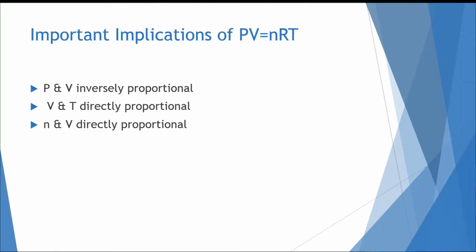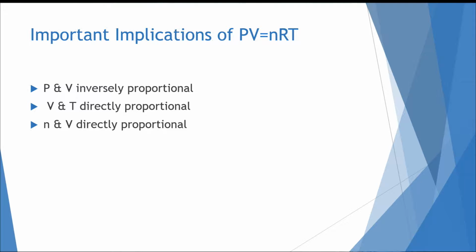I don't know if in high school or in college, or if you've gotten any demonstrations in your labs, whenever you stick a balloon in liquid nitrogen, you're decreasing that temperature, and you pull out the balloon and your balloon's all shriveled up. Well, that's because your volume has also decreased, and they're directly proportional.